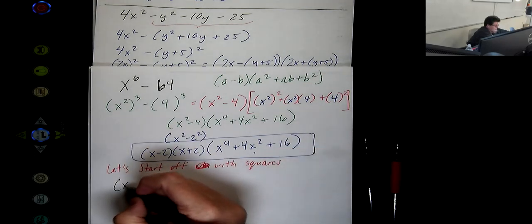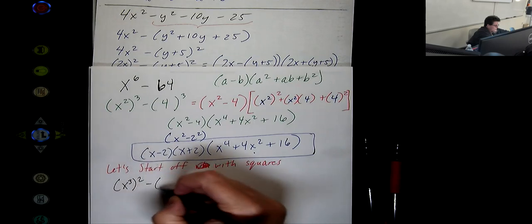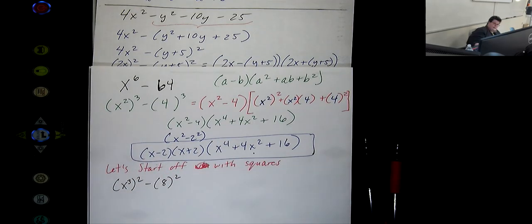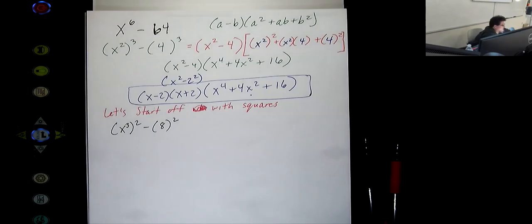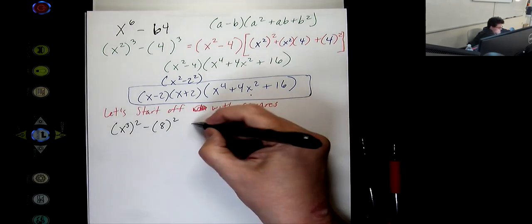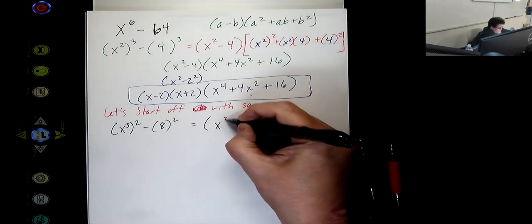I have x cubed squared minus 8 squared. So the square one's pretty easy.